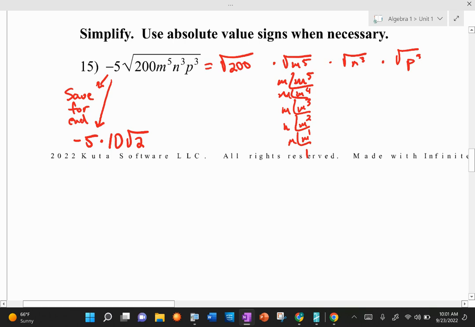The quicker way is that you just divide the exponent by 2. If it's an odd number, then your whole number for your answer goes outside, and then you just have 1 left over. Let me show you what I'm talking about. If you did prime factorization, you had 1 pair of m's, and another pair of m's, you'd put them together.